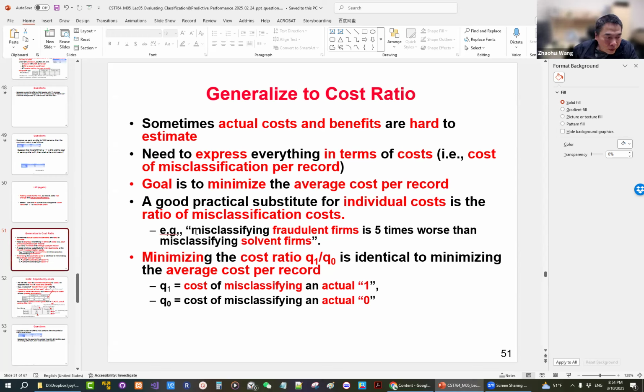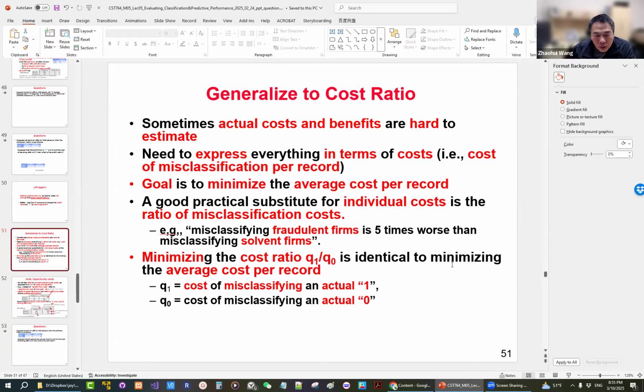So here we have an example. Misclassifying a fraudulent firm is 5 times worse than misclassifying a sober firm. So we can express the cost with the misclassification cost. Here we have the equation: minimizing the cost ratio Q1 over Q0, the cost ratio of the two classes.